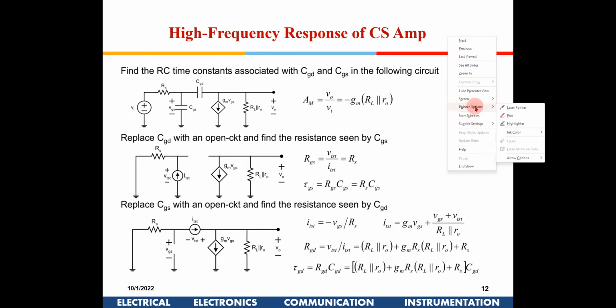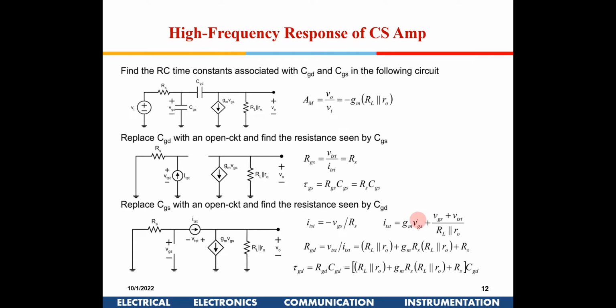What I did is I took 1 upon RGD. This is VGS, right? So this VGS will be replaced as I test into RS into GM. So there is no V, so this will come here.